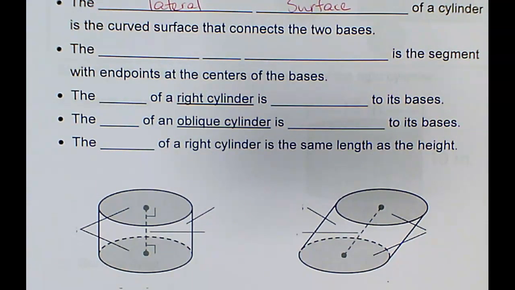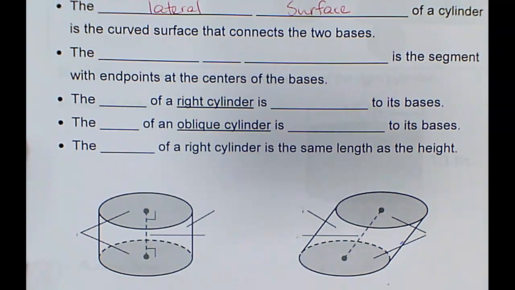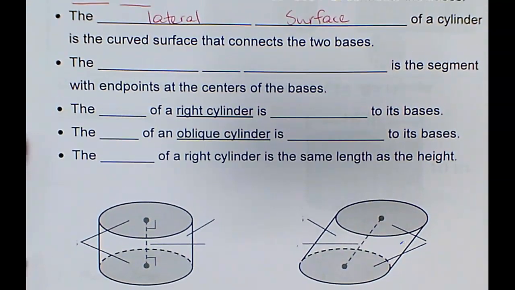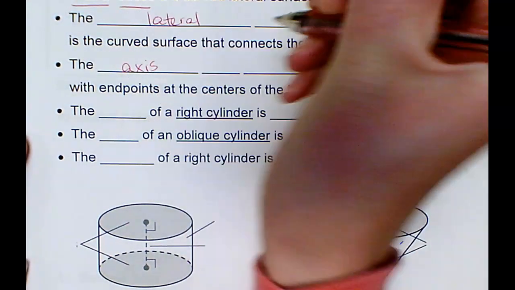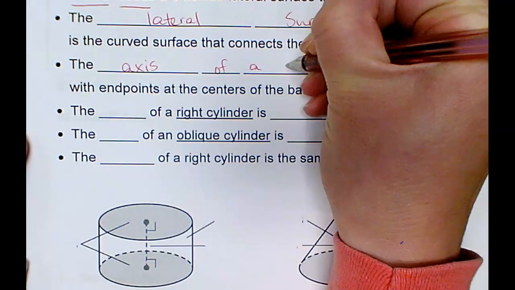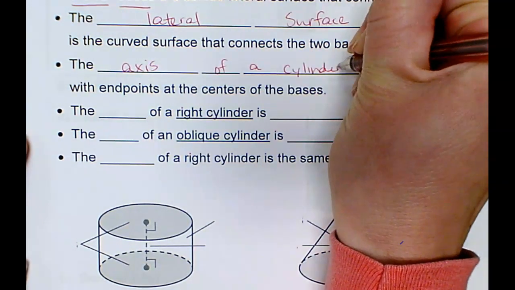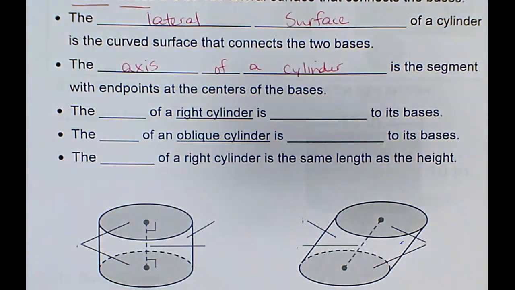And I want you to think about taking a cylinder and kind of on its axis giving it a good spin. That's something that will help you connect the idea of an axis with a cylinder, because axis is usually something that you spin either a globe on or a graph or something like that. So the axis of a cylinder is the segment with endpoints at the center of the bases.